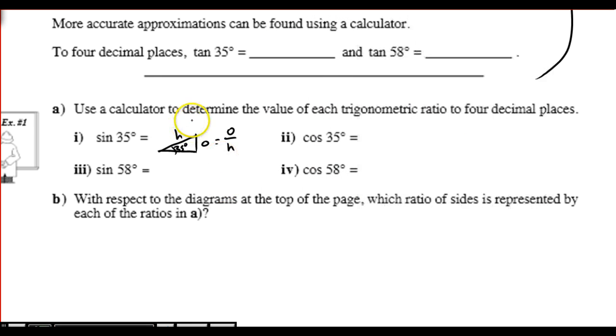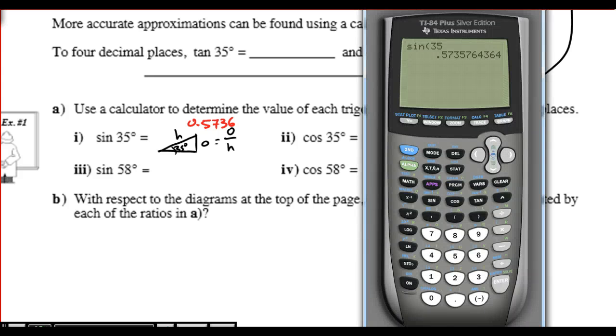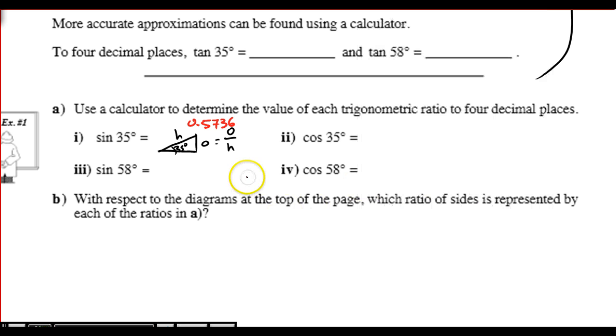0.5736. If we were to do this to, let's say, 2 decimal places, we might round it off to 0.57, and what this is saying is that the ratio of the opposite side to the hypotenuse is 0.57, and of course this is over 1.